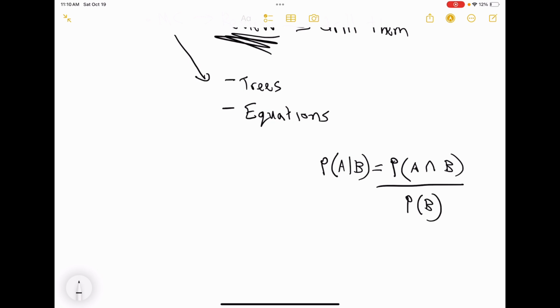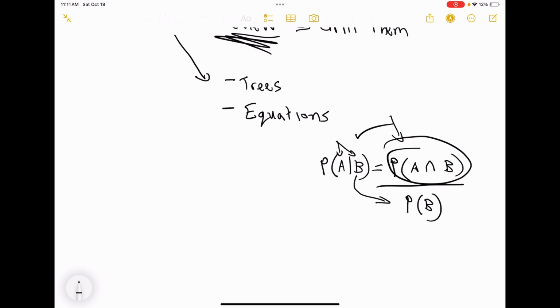Why? Because we're saying, what are the odds that A is true given that B is true? Your given will always be the denominator, and then your numerator has to be representative of the probability of A, which is the thing you're looking for, but it has to be given B. Otherwise, you'll get a value more than 1, and we all know the realities of that. You cannot get a probability where the value is greater than 1. Okay, that is going to be on the quiz for you to refer to, but you need to know what that is.